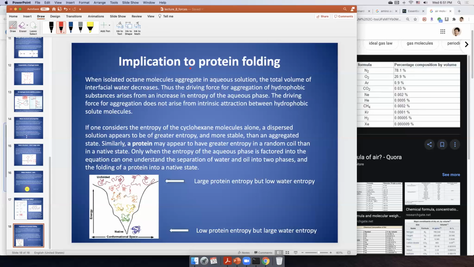Implication to protein folding. All of these forces are considered in protein folding. When the peptide folds into a protein, for example, in the unfolded state, the peptide may have different conformations.